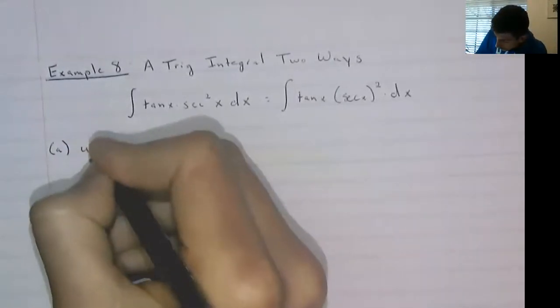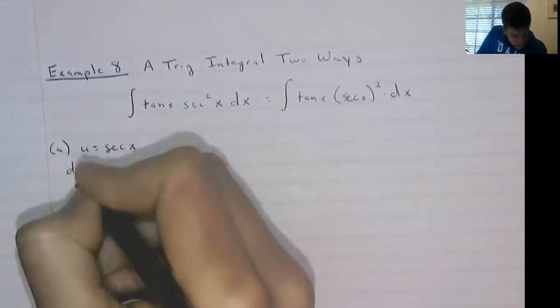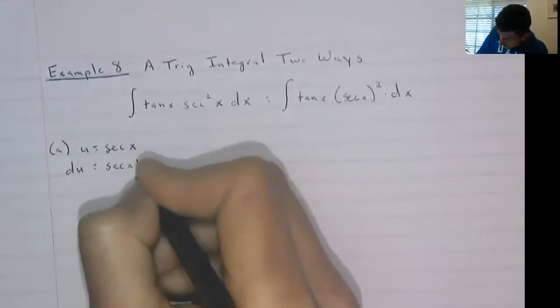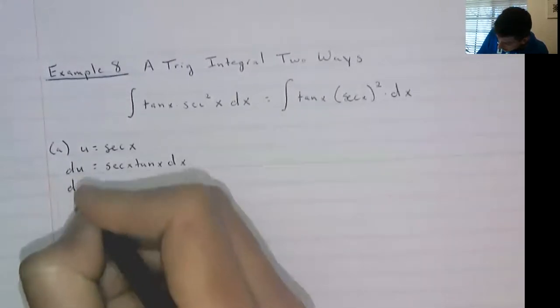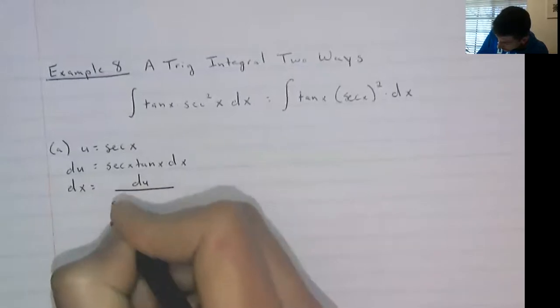Letting u equal the secant, that means that du is equal to the secant tangent dx, which means that dx is equal to du divided by the secant tangent.